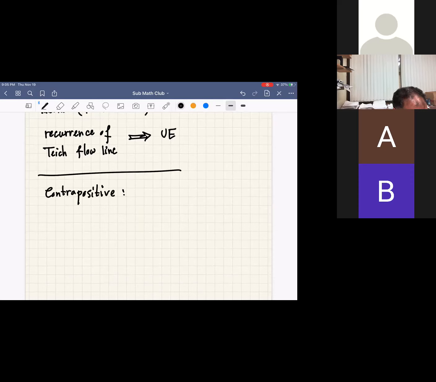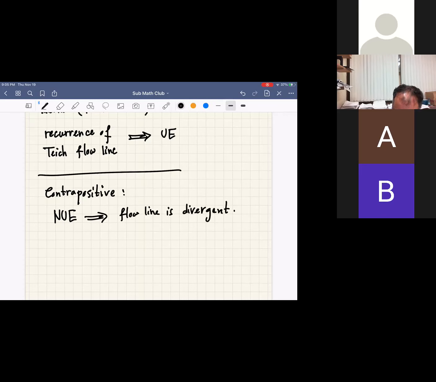The contrapositive is that if you have a polygon interval exchange map, with the polygon giving you a surface which is non-uniquely ergodic, then this implies that the flow line is divergent.